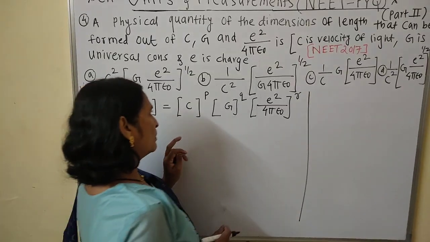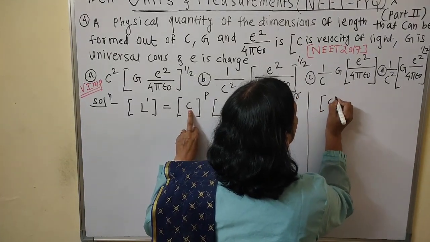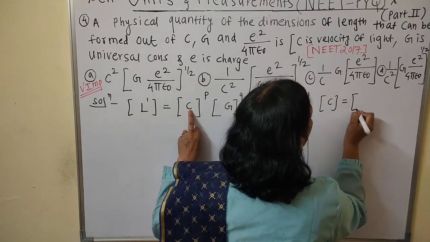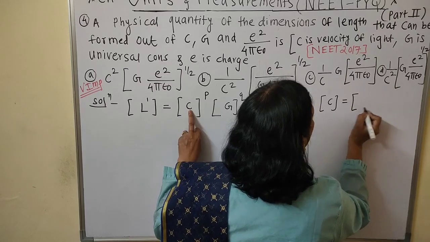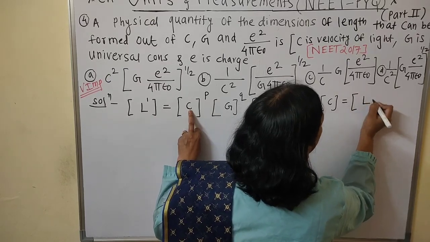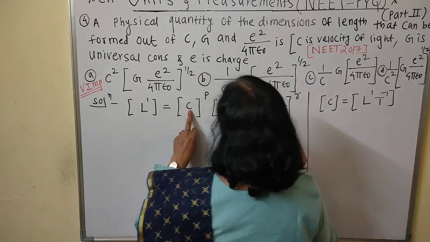Now for that purpose, C is velocity of light and therefore the dimension of C is the dimension of velocity, that is L by T, and that is nothing but L to the power 1, T to the power minus 1. That is the dimension of C.